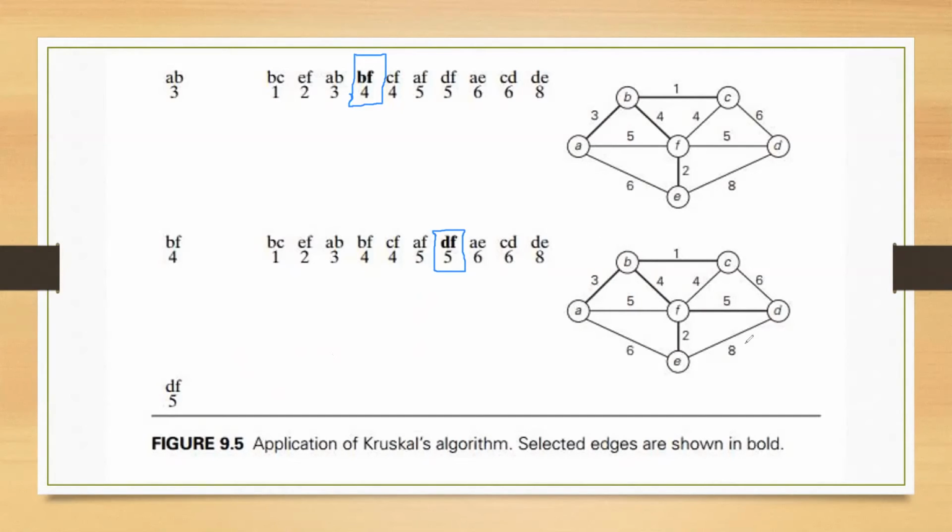If there are 6 vertices, then totally 5 edges are enough to make the spanning tree. That means you are going to select only 5 edges. Once you choose the 5 edges, you stop the iteration there itself. Don't continue with A, E, C, D and D, E. I hope this is clear.